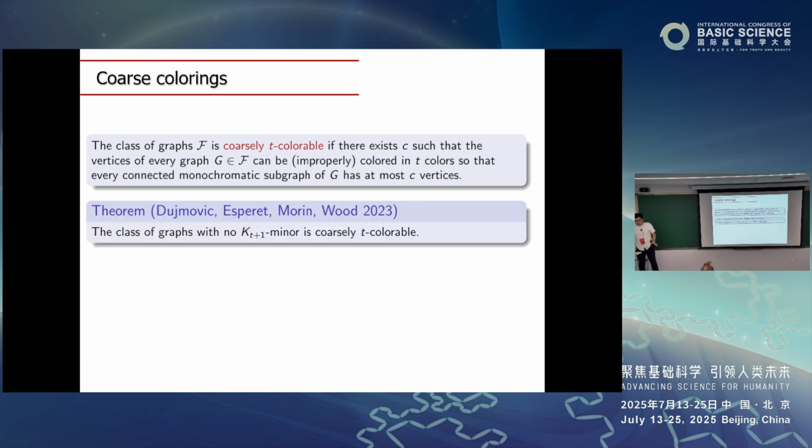The coarse Hadwiger conjecture was proved recently by Dzamonja, Distel, Norin, and Wood. They proved that a class of graphs with no K_{t+1} minor is coarsely t-colorable. Zdeněk Dvořák and I announced this result a few years ago, but our preprint is not available.